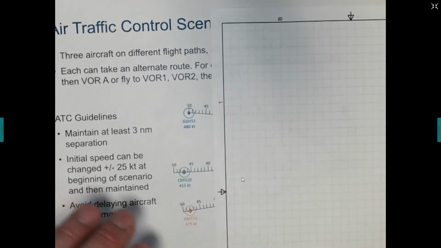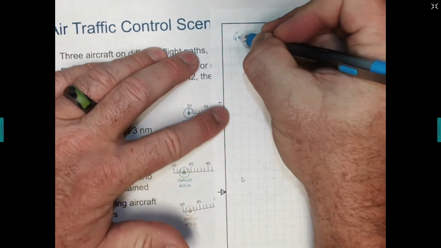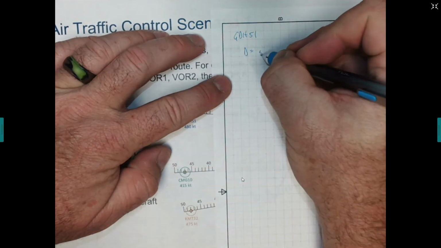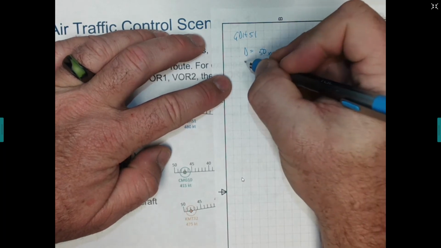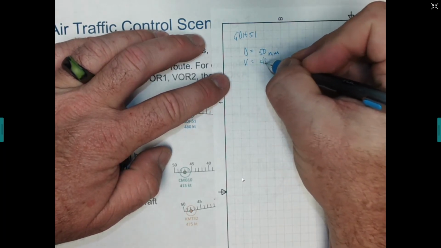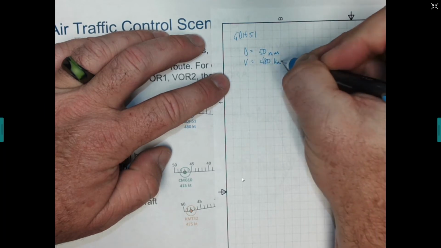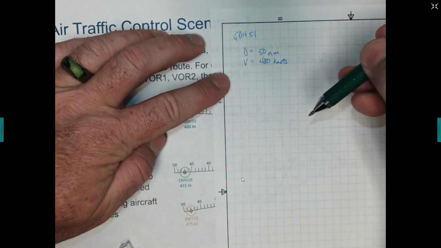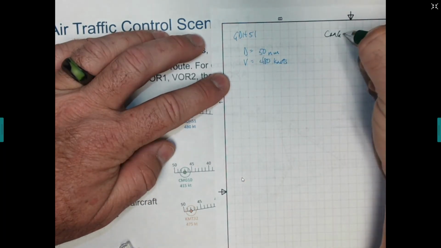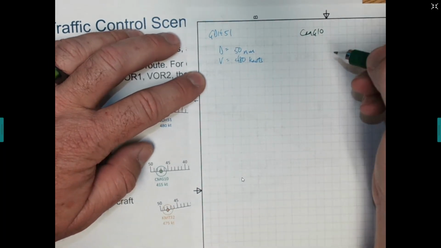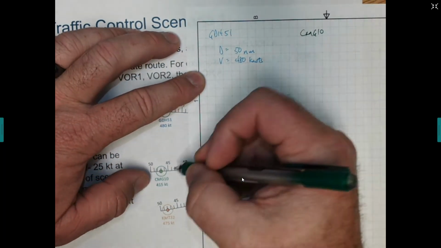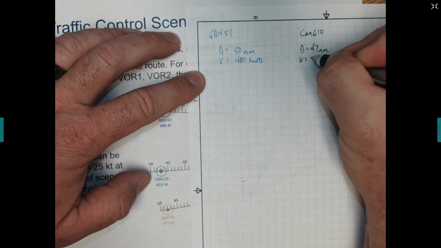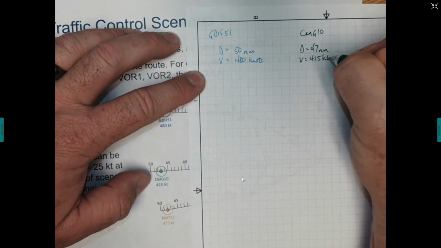The first thing we need to do is look at, for our GDH51, we know his distance he's going to travel is 50 nautical miles, and we know that his velocity is equal to 480 knots. Then for the next one, the CMG10, we know that he is at 47 nautical miles, and his velocity is 415 knots.